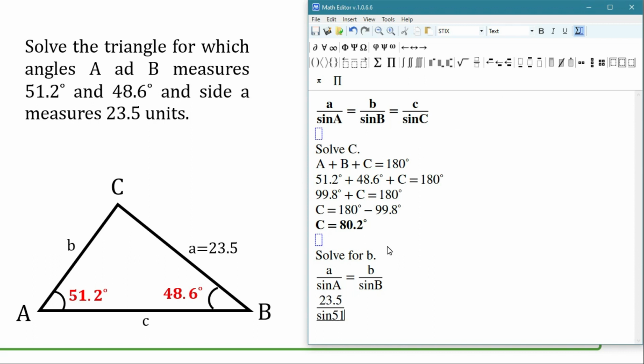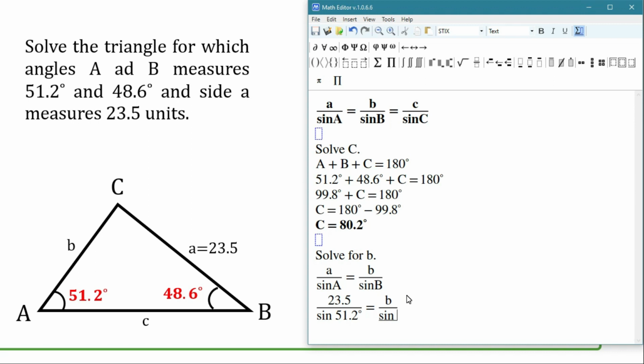So we have the sine of 51.2 degrees equals, since si B yung hinahanap natin, we'll leave B as it is over the sine of B. The value of B is 48.6 degrees.